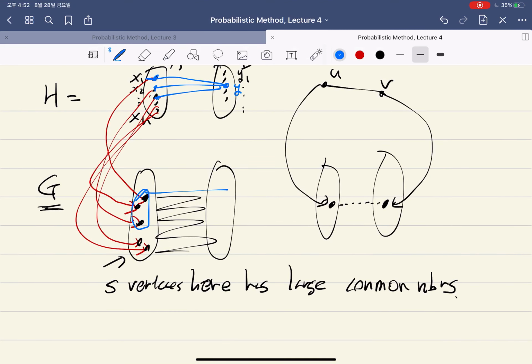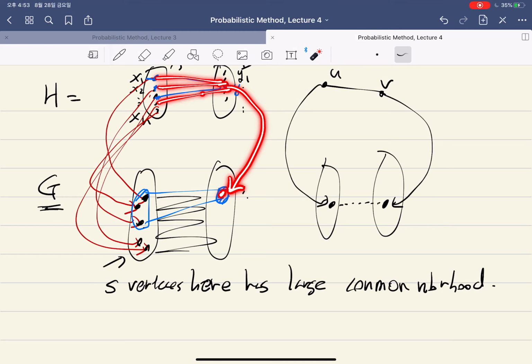Then if this has a large neighborhood, I mean, there are many vertices which are neighbors of these three, then if we embed this Y into here, these three edges, adjacencies, are all automatically preserved.